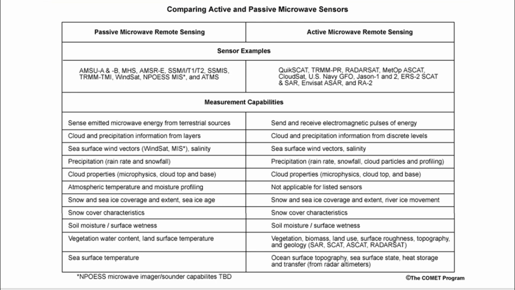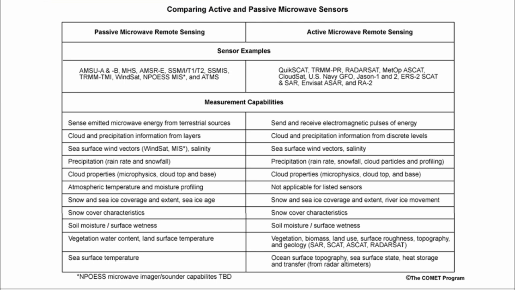Both passive and active microwave sensors can detect and estimate sea surface wind vectors and salinity. Passive sensors are better at estimating atmospheric temperature and moisture profiling. However, that is not applicable for active microwave sensors. Both sensors can be applied to the estimation of soil moisture, surface wetness, and roughness.